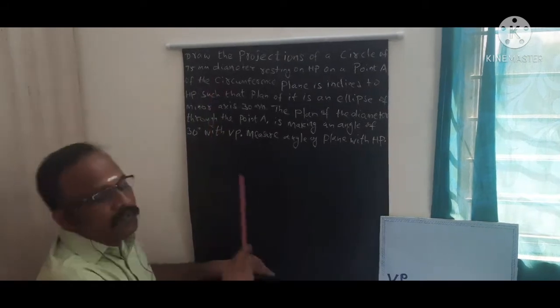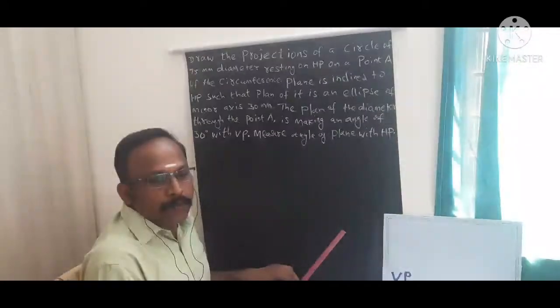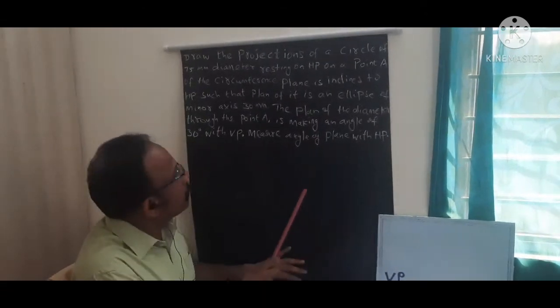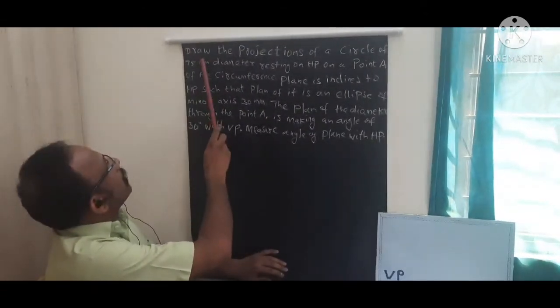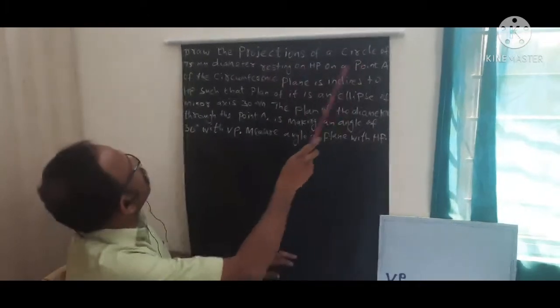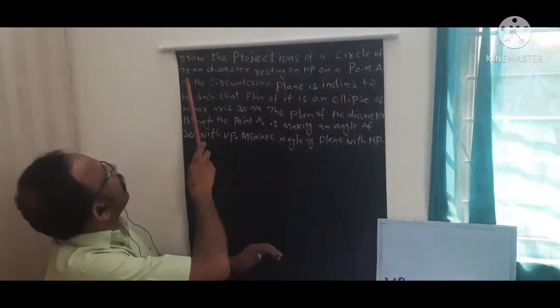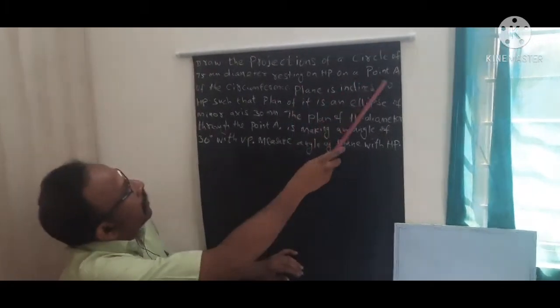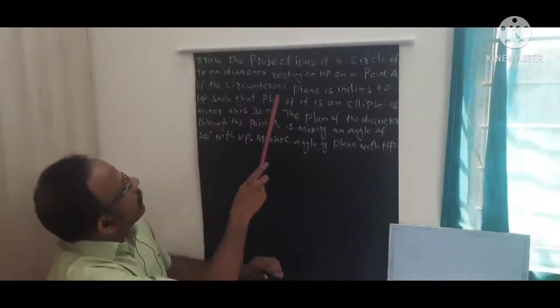Online class. Today we are going to see the projection of plane in circular lamina. Type 1 problem. Draw the projection of a circle of 75 mm diameter resting on HP on a point A of the circumference.